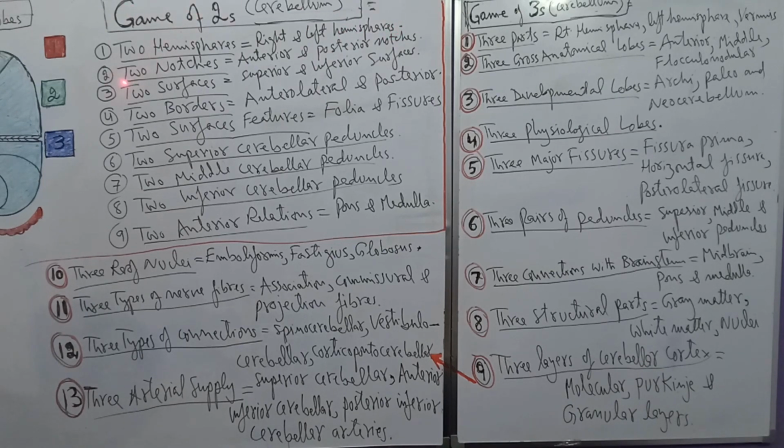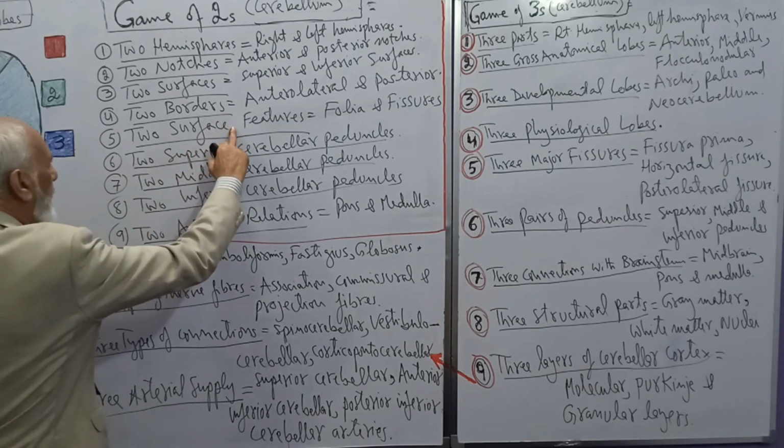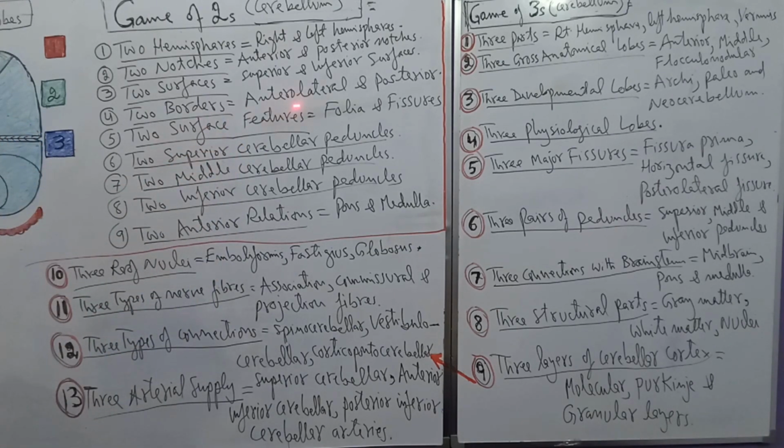Each cerebellum has two notches, anterior cerebellar notch and posterior cerebellar notch. Each cerebellum has two surfaces, superior and inferior surfaces. Each cerebellum has two borders, anterolateral border and posterior border. Each cerebellum has two surface features, that is folia and fissures.